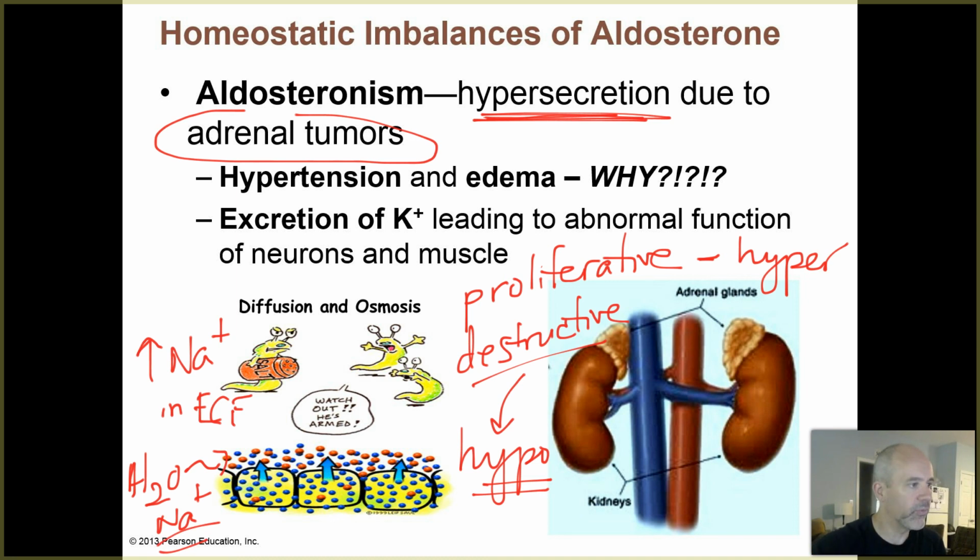Water follows salt. So that leads to what? If that's happening in excess, you could develop hypertension, which is high blood pressure, because you're hanging on to too much water in your extracellular fluids. It can also lead to edema. And what's edema? That's tissue swelling.